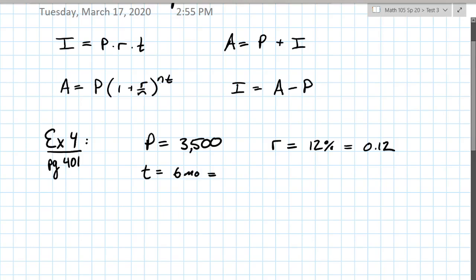So 6 months is 1/2 of a year. And the question is, how much interest will accumulate in 1/2 a year?